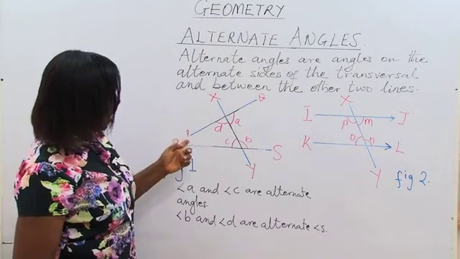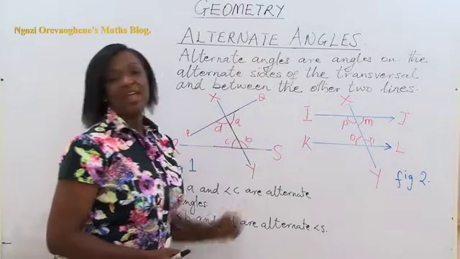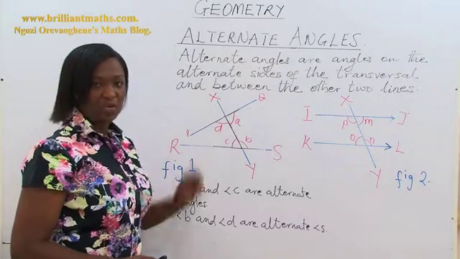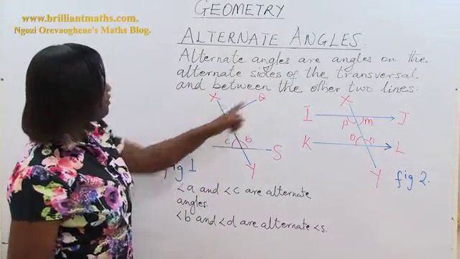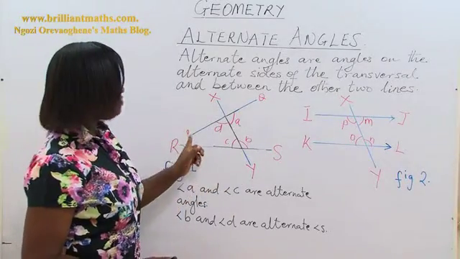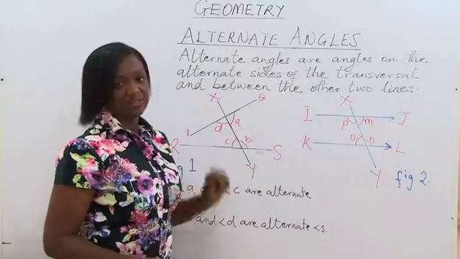Also, angle D is an acute angle and angle B is an obtuse angle. Although they are alternate, they are not equal. That can be explained. That is because the lines that have formed the angles are not parallel. Line PQ is not parallel to line RS.